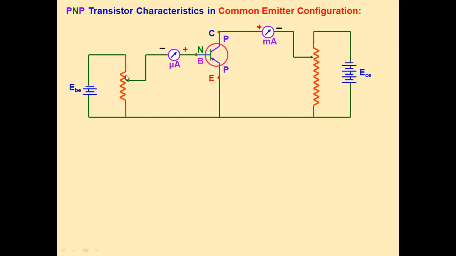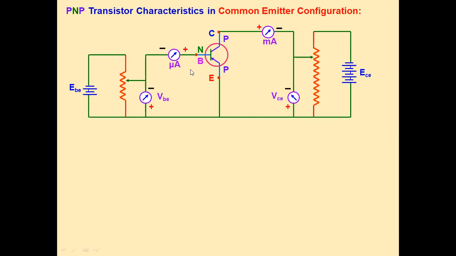This is the rheostat to change the voltage. By using this rheostat, we can change the applied voltage, and with respect to the change in input voltage as well as output voltage, we measure the current through the base terminal and through the collector terminal. So this is known as input characteristics and this is known as output characteristics.